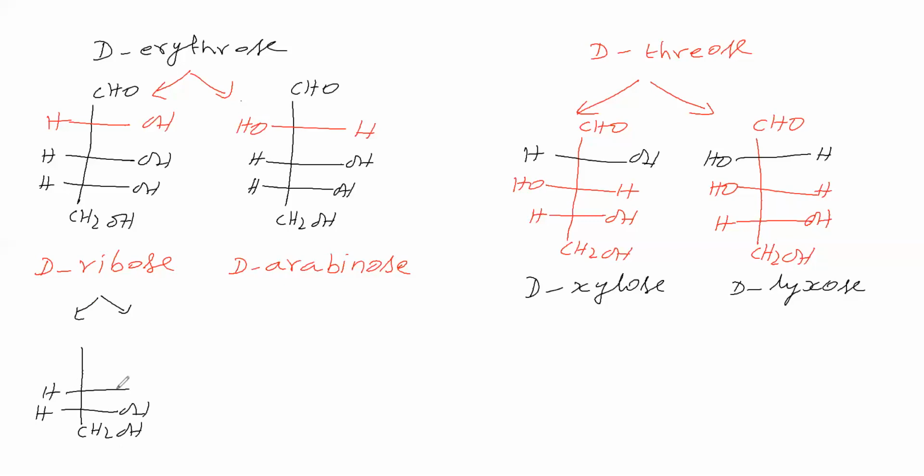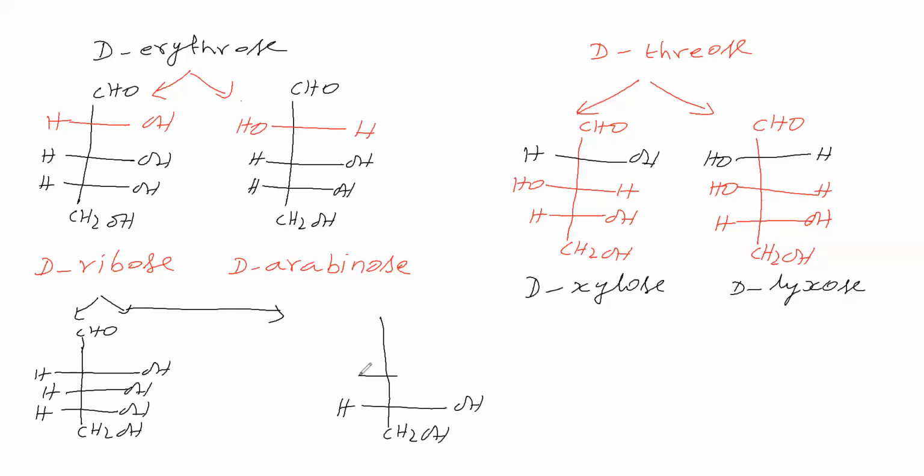Here chiral carbon HOH. Here chiral carbon HOH. Next we will introduce aldehyde group CHO. We will take D-ribose another time, CH2OH. Here HOH. Here HOH. Here HOH. And here we will write CHO.